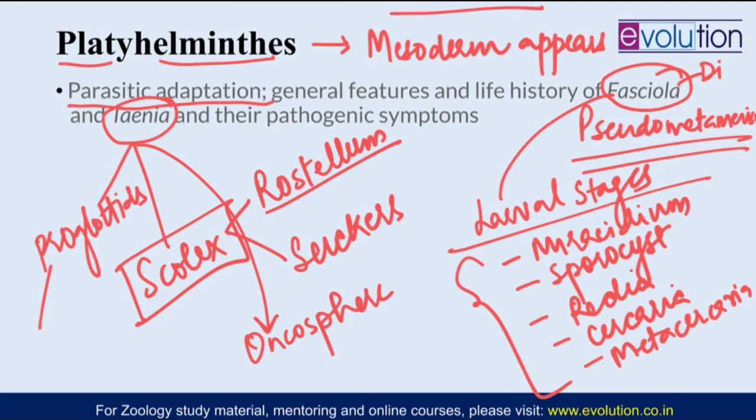So that is what you have to describe here. So all the oncosphere, hexacanth larva, cysticercus, these stages are all you have to study under Taenia.